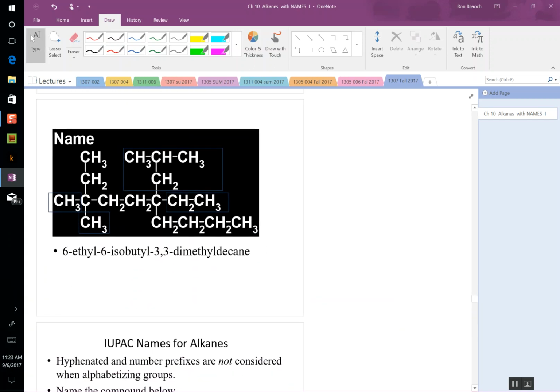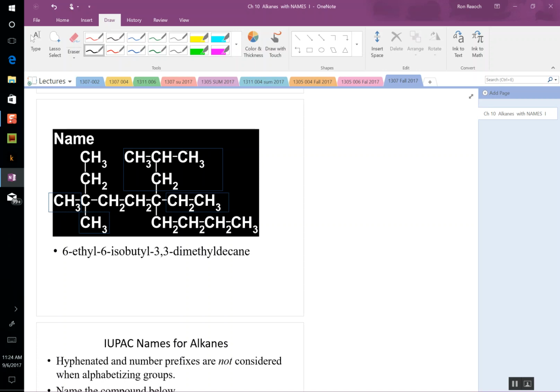All right, this one actually has a substituent on there that I didn't require you to know, the isobutyl substituent. Butyl has 4 possible substituents, and I've had you learn n-butyl and tertiary butyl. Those are the 2 butyl substituents that I'm requiring you to be familiar with.